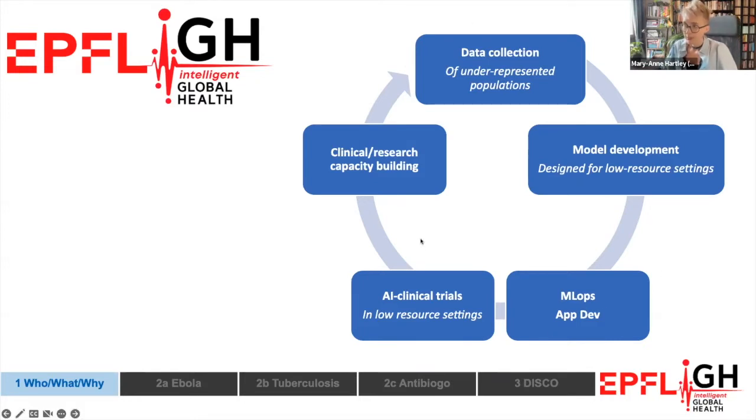And throughout this process, we really do a lot of work on capacity building, both clinically to improve the clinical practice as well as research. And we feel this is a really important and valuable aspect of implementable ML, because it actually also then improves our data collection for the future and makes a really positive feed-forward loop.